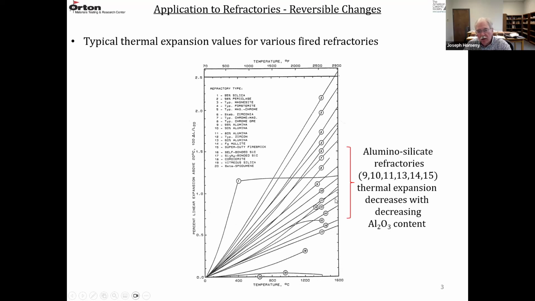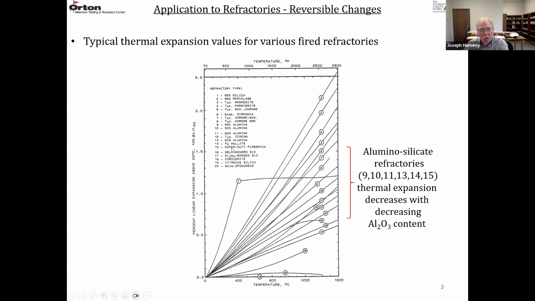In the middle of the diagram are the alumina-silica refractories. These are 9, 10, 11, 13, 14, and 15. So 9 is a 99% alumina. And as you decrease the alumina content, going in the downward direction, the thermal expansion decreases.